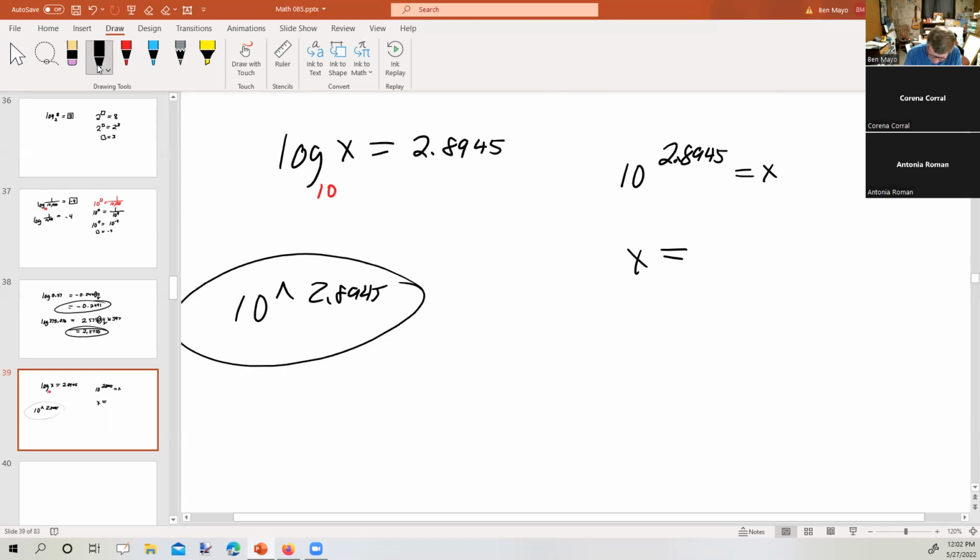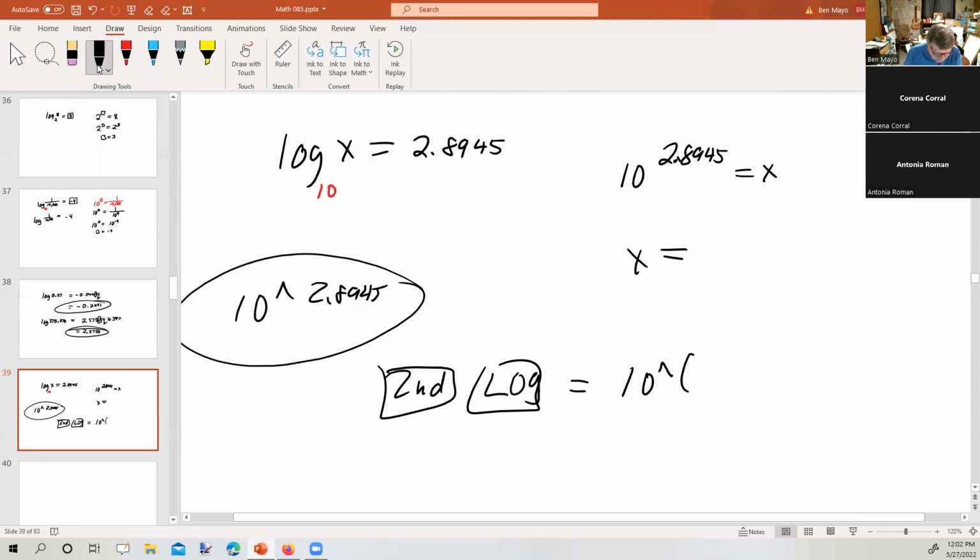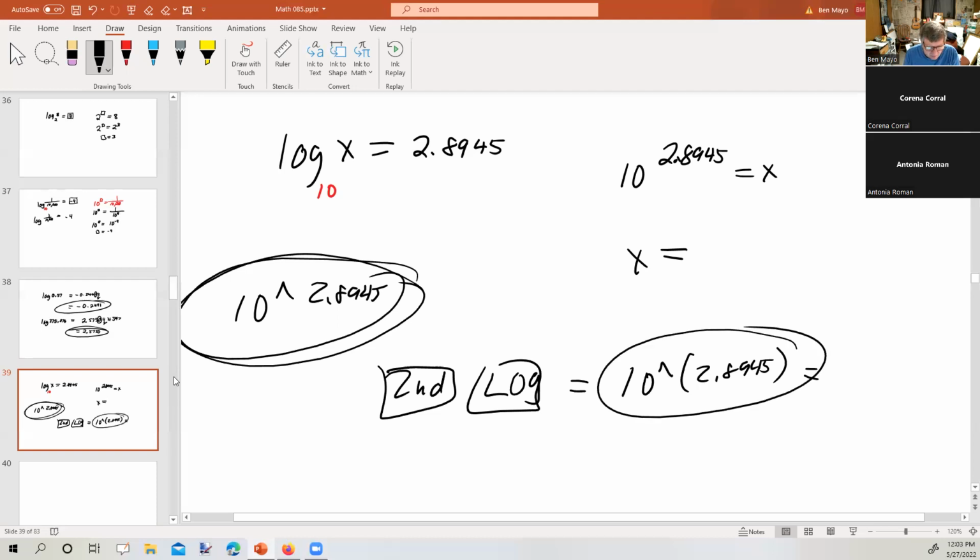So I could go second and then the LOG button, which gives me 10 to the, and then I'd put the 2.8945, close parentheses, equals. Okay, so I can either use this notation or this notation. Either way, you okay with that?